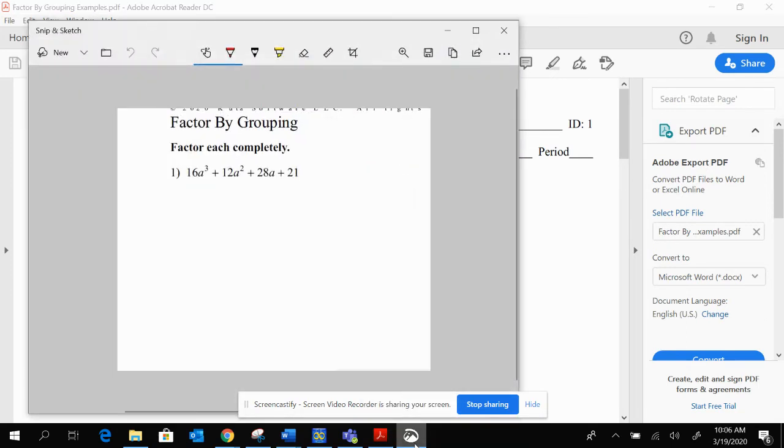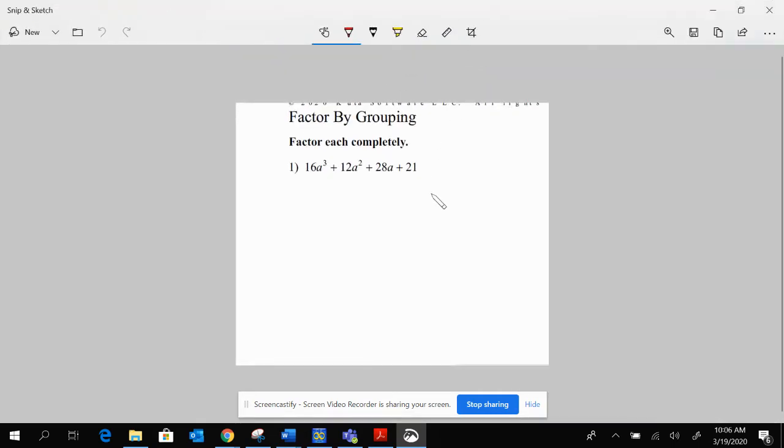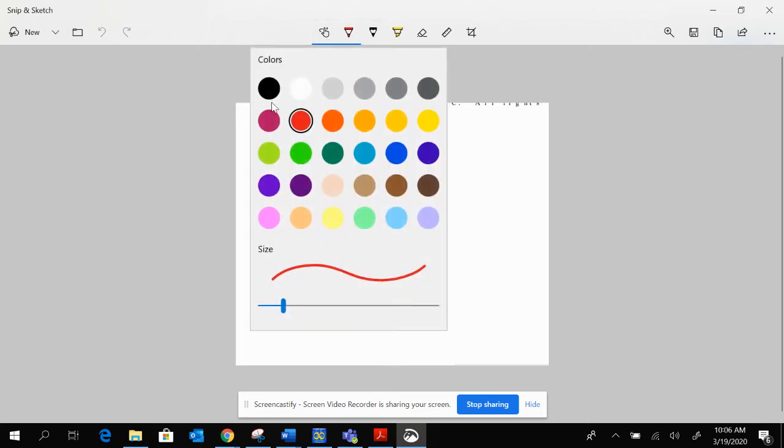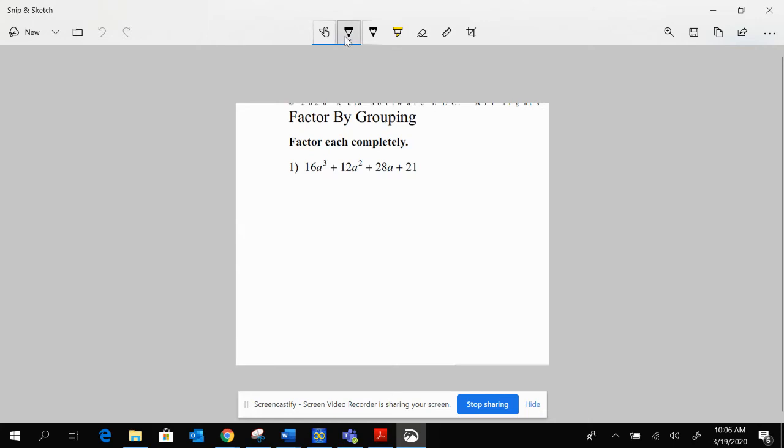To do this, we have to take the GCF of the first 2 terms. So just the first 2 terms, we've got to find the GCF. So the first step we're going to do is one set of parentheses for the first 2 terms.